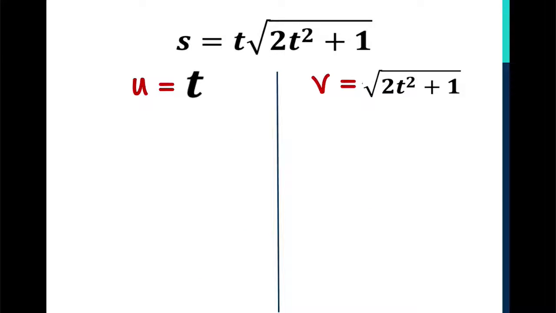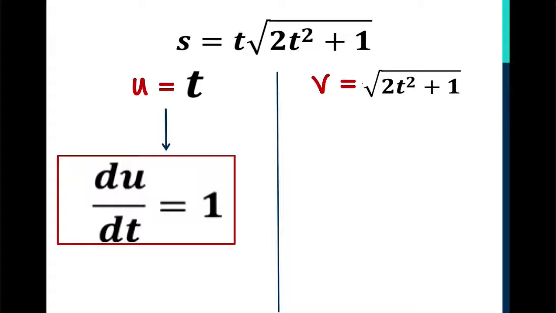So first let us get the derivative of u and the derivative of v for easier substitution in the product rule formula. So getting the derivative of u, we will just apply the identity rule, and so we get that the derivative of u is equal to 1. For v, to get the derivative, we need to apply the power rule.